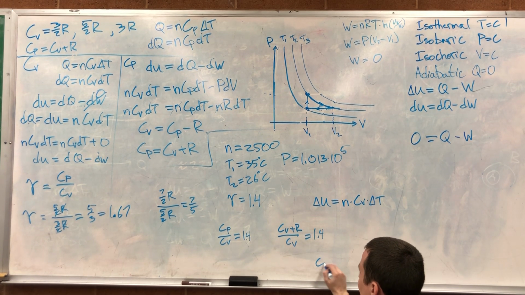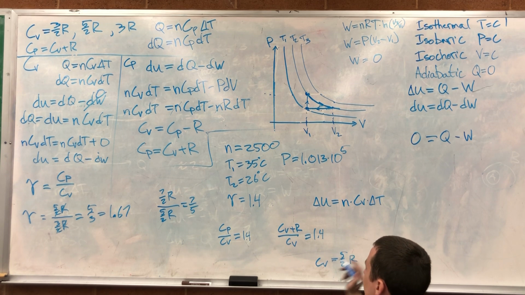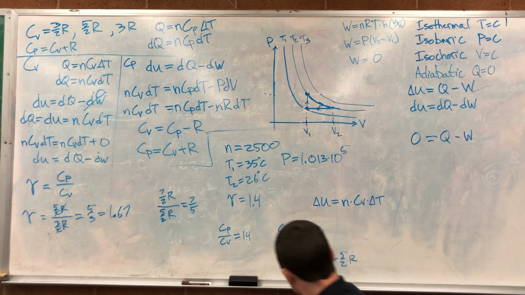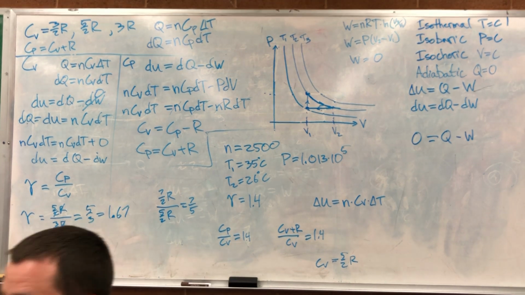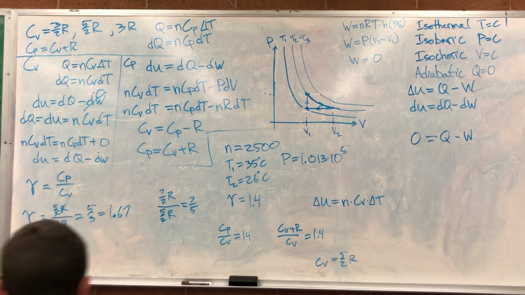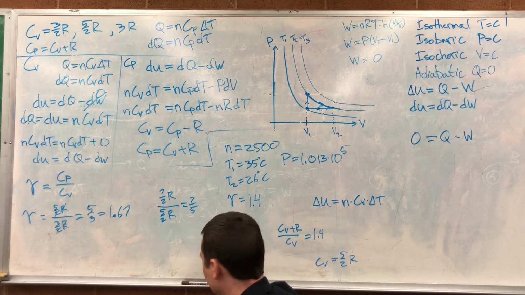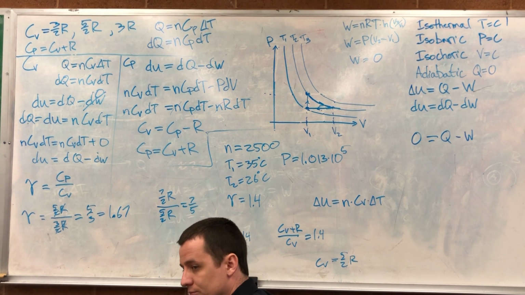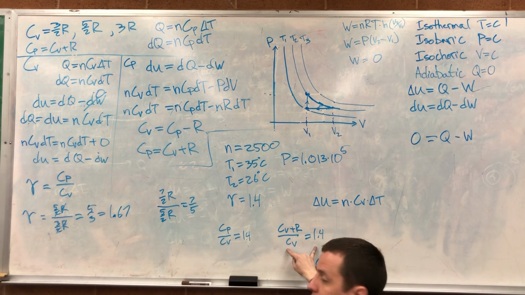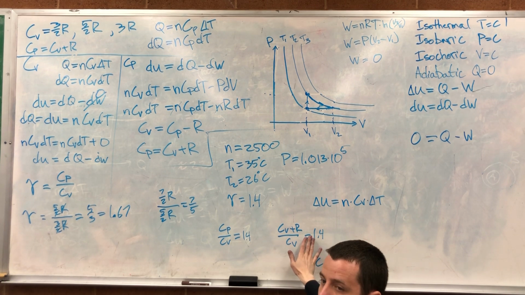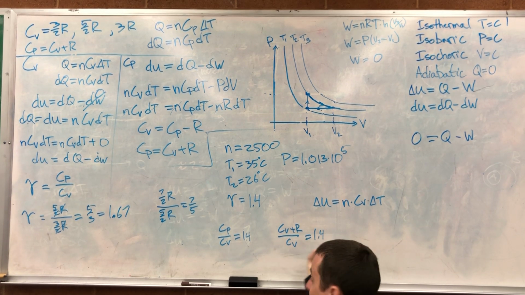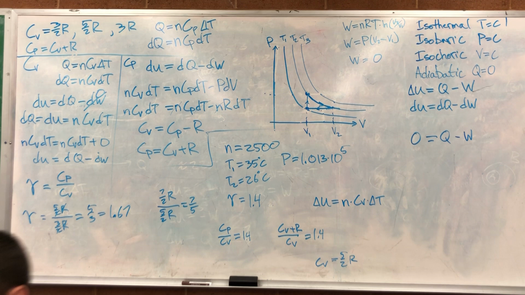You would have found that CV, in this case, is equal to 5/2 R. Remember that you need to substitute in CV plus R. Multiply both sides by CV, get all your CVs on one side and your R on the other.